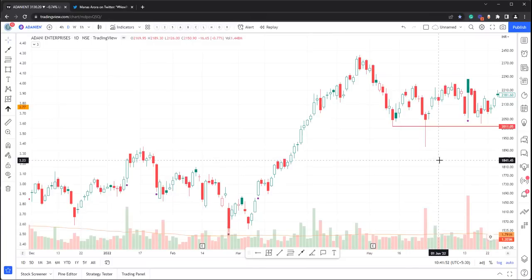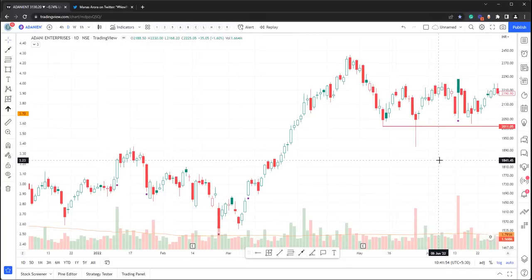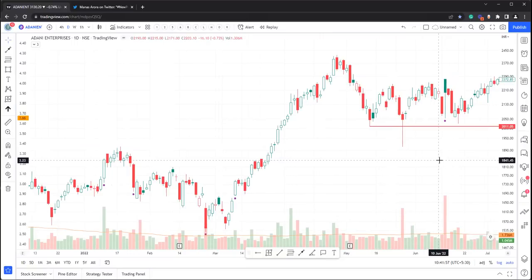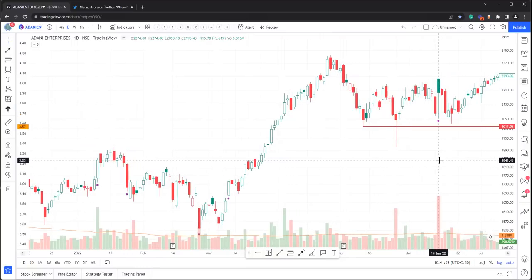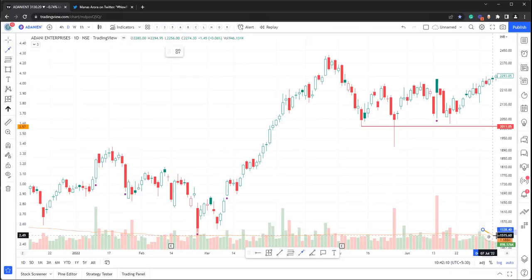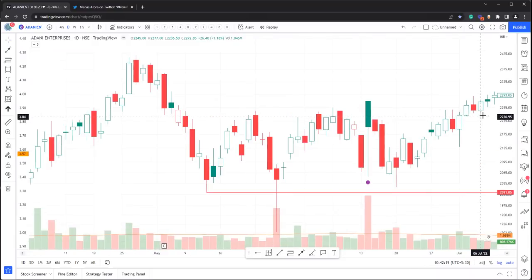Now, these 4 days, look at the volume, which has contracted a lot. I have 4 days of very tightening action. And if you pay attention, the last 3 days have had higher closings. This closed higher than this day.